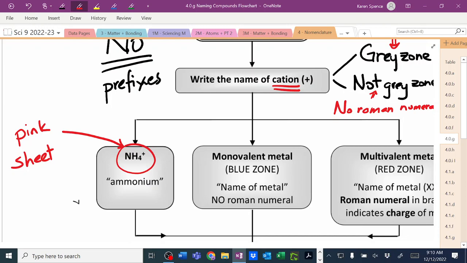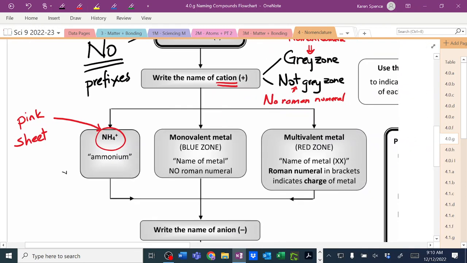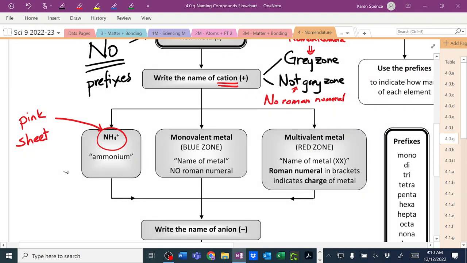Okay? Apparently when I wrote this, I was coloring things both red and blue. So a monovalent metal is basically not in the gray zone, and there is no Roman numeral, just like we said before.